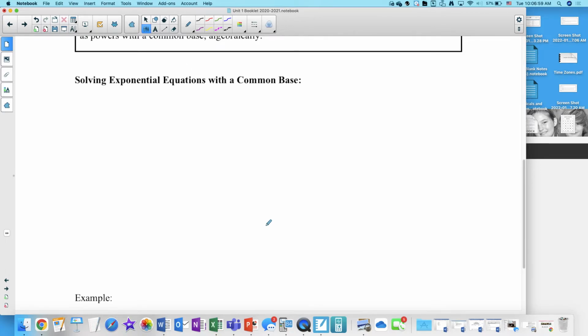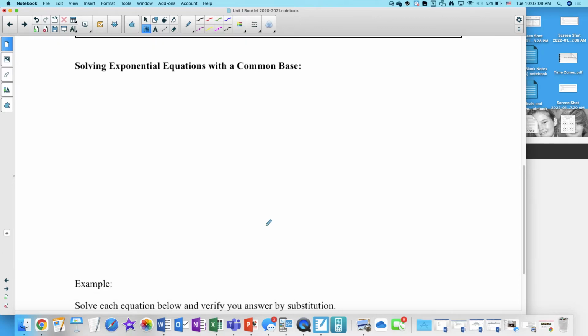An exponential equation is an equation, surprise, surprise, in which the variable or the unknown is in the exponent position.